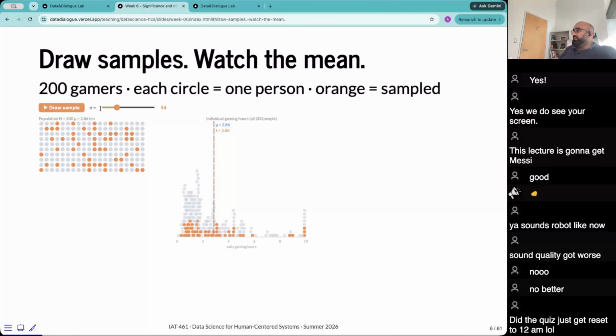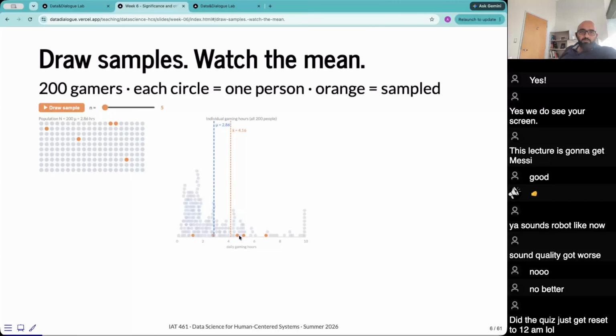So let's look at this little app. Let's say we have 200 gamers, each circle one person, and we want to look at the daily gaming hours. Let's start with a really small sample, 5. The true mean is 2.86, but because we're only picking 5 people, the mean is different.